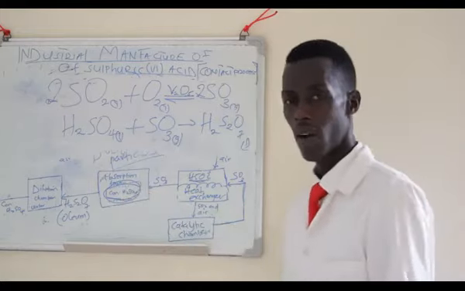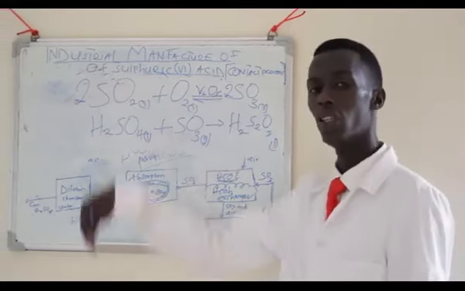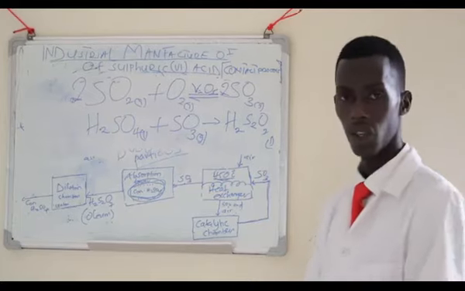From the absorption tower, the oleum that has been produced is taken into the dilution chamber, or dilution tower.